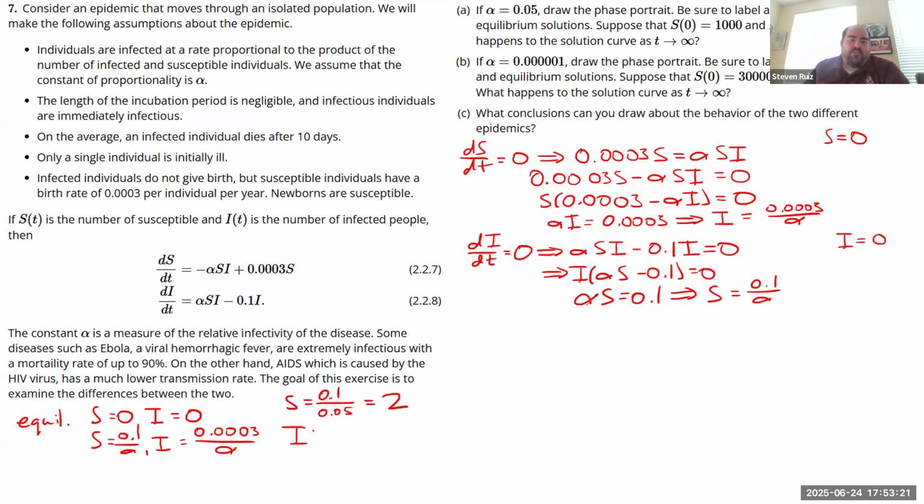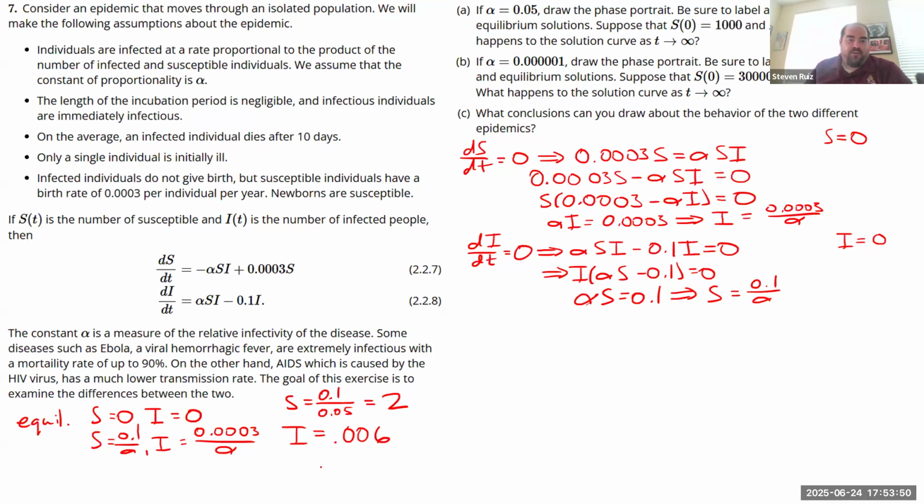And then I will be equal to... I got a number that doesn't make a ton of sense, because if I'm assuming that S and I represent numbers of people, this number doesn't make a ton of sense.